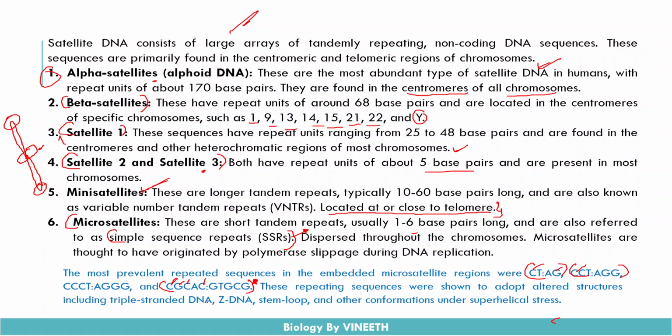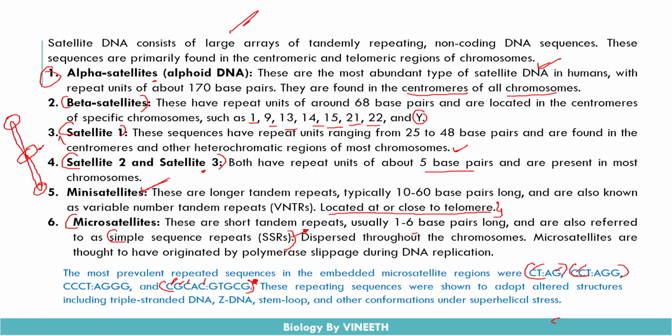These tertiary structures of DNA will result from the microsatellites. These sequences make the DNA fold into a triplex DNA strand, a tetraplex DNA strand, or a stem loop. So a lot of unusual conformations will be seen at these microsatellite regions.